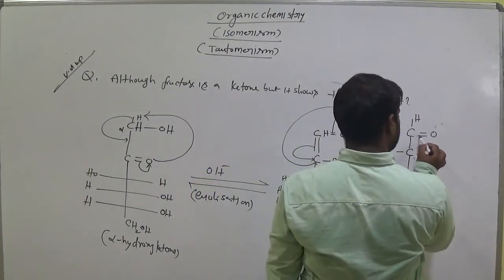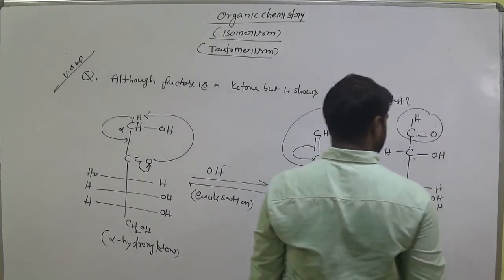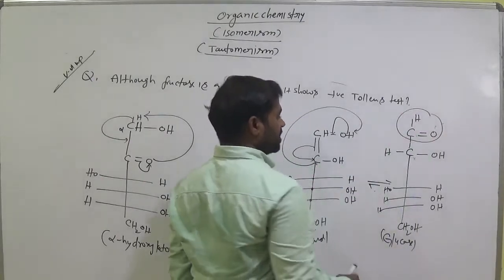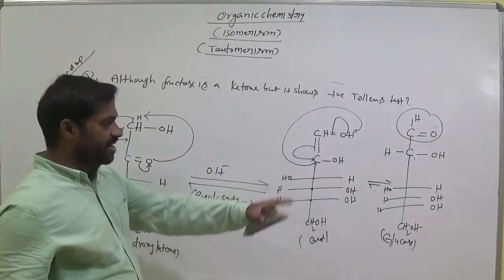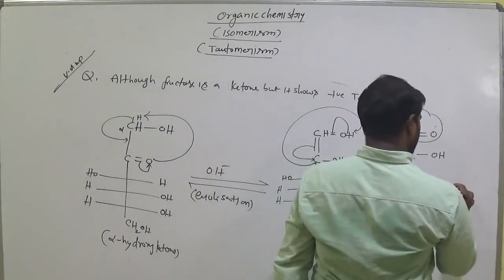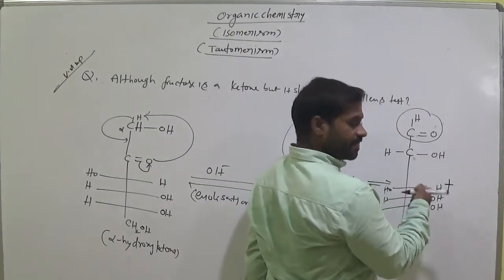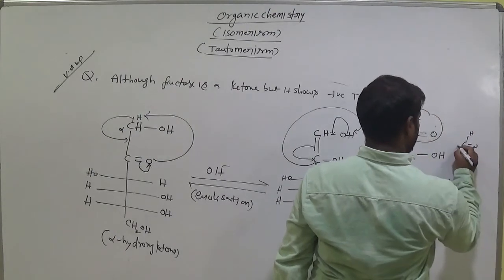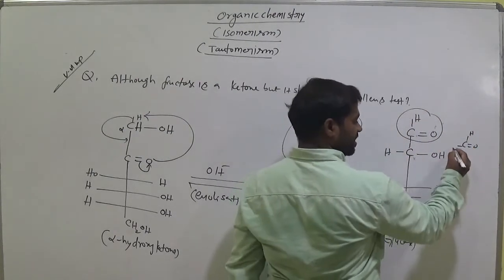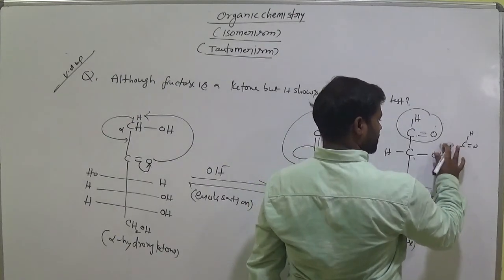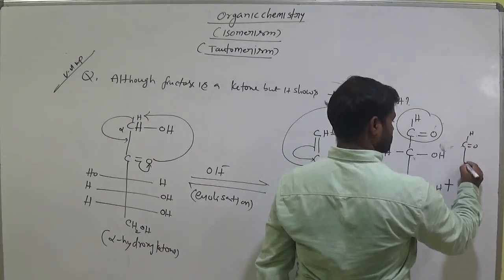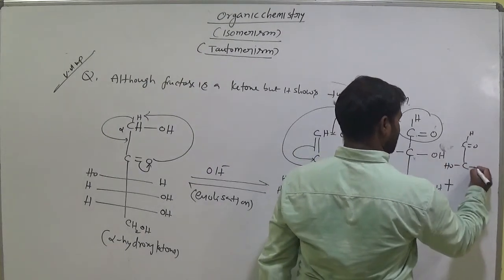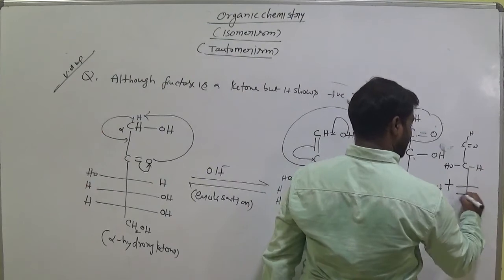Now what about the C double bond O group? Glucose is an aldehyde due to CHO. Now the keto group is converted into an aldehyde. We can also write this structure with C double bond O, and rotate this OH to this side, and this H to this side, remaining as it is.